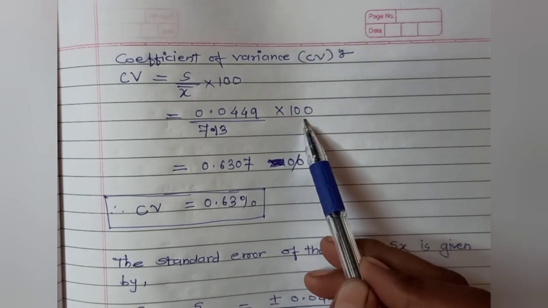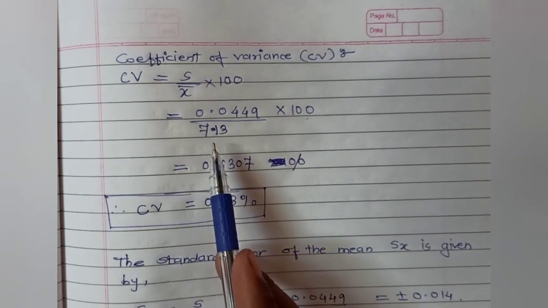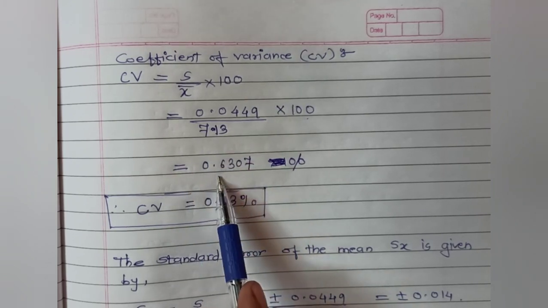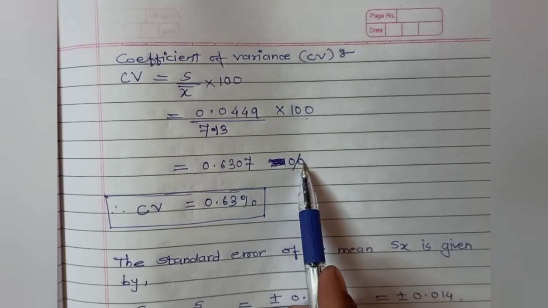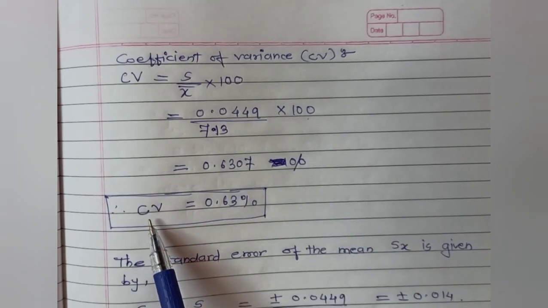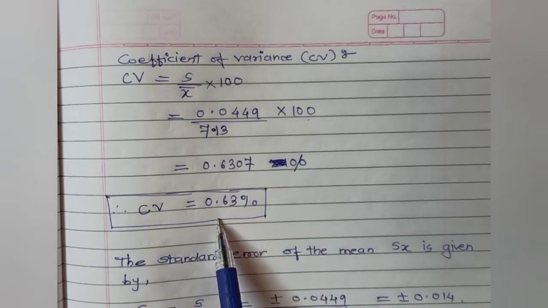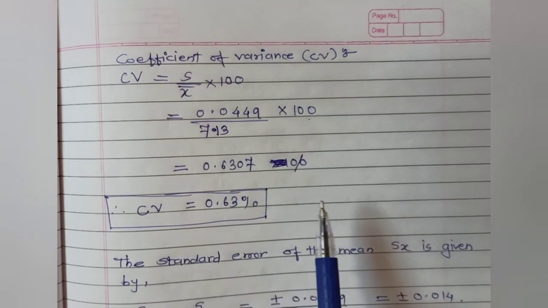After calculating these values, we got 0.6307%. Therefore, the coefficient of variance is 0.63%.